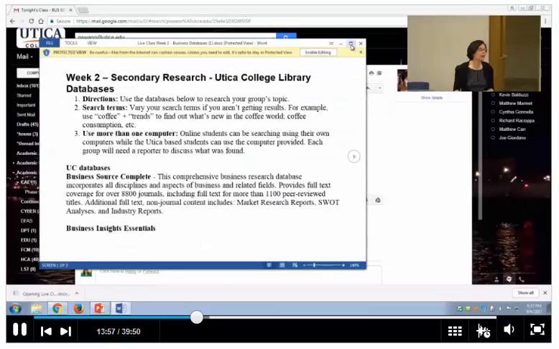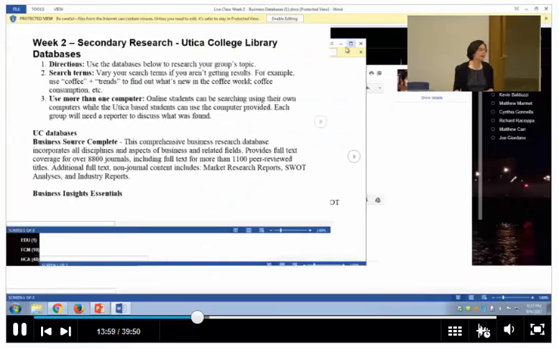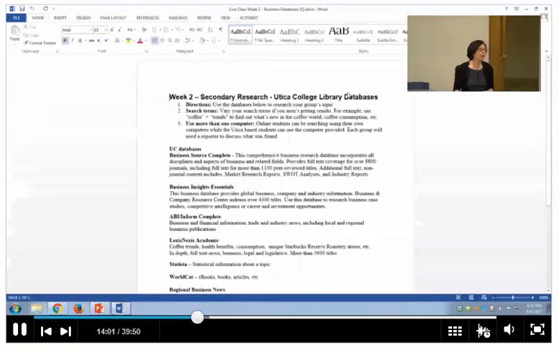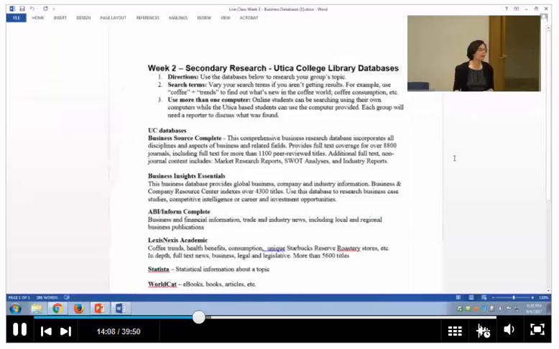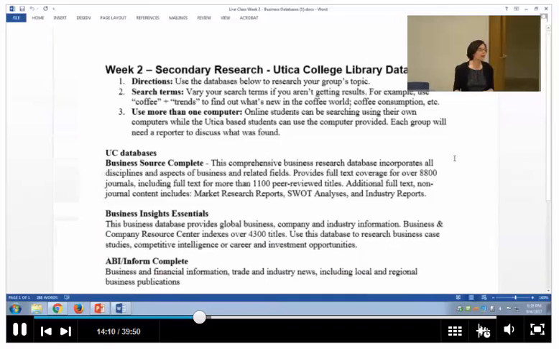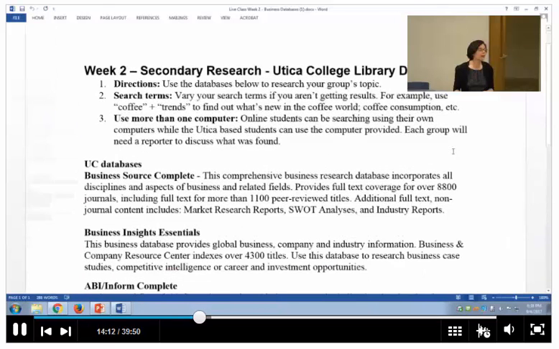This is the assignment that we're going to be working on. And just to go through the directions, we're going to try to find as many articles as we can using the UC databases. So if everyone at home has their computer, or if you're at work still, you want to get online and start looking for stuff.